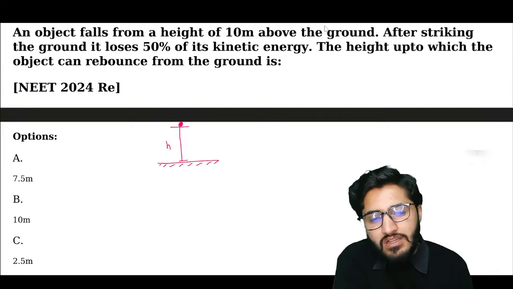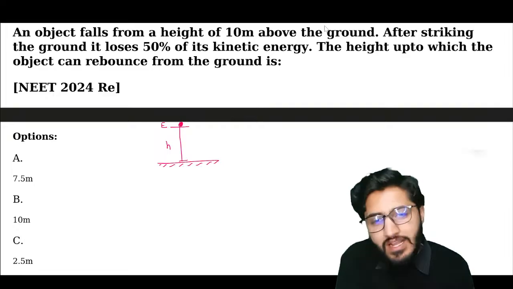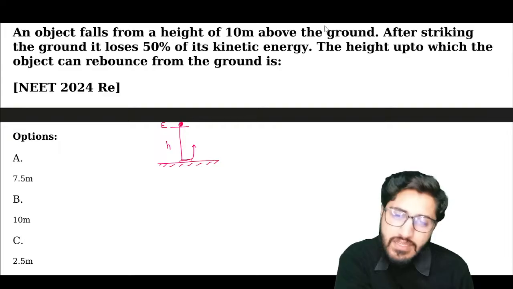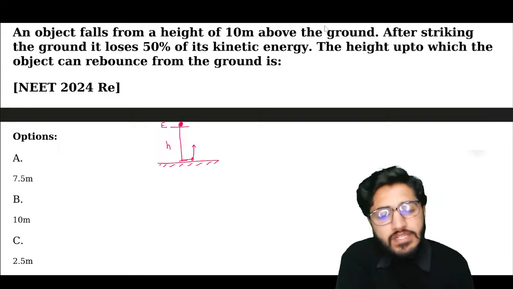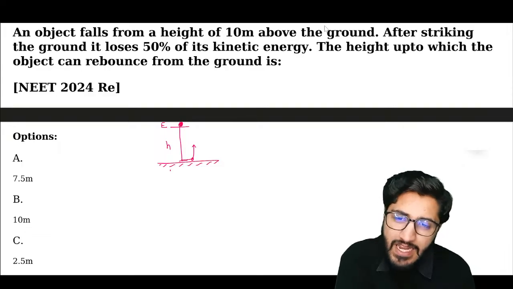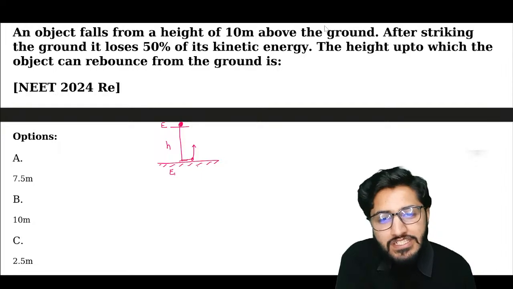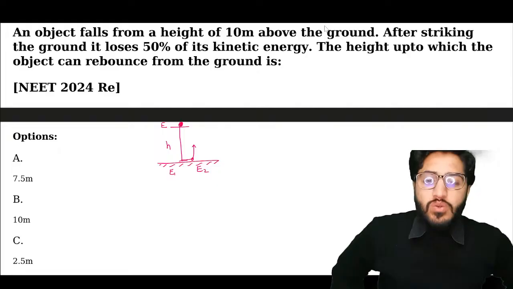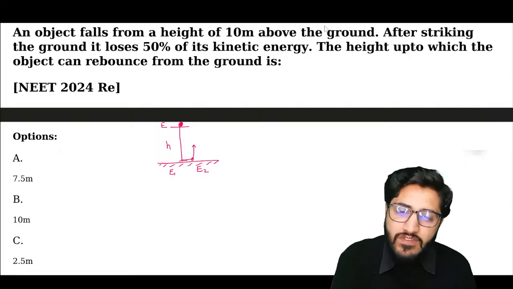If the energy of the particle here is E1, now it strikes the ground and goes up, and it loses its energy by 50%. So here my energy would be E2, and E2 is equal to half of E1.